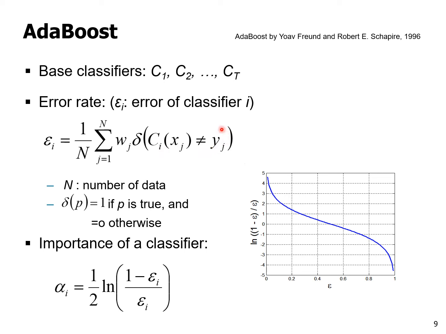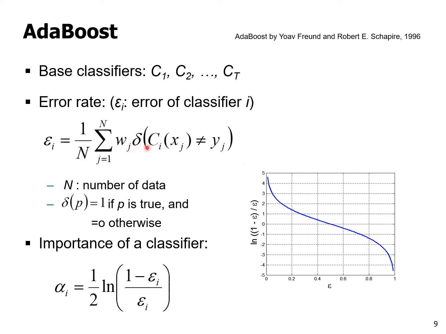So true means this is an error. y_j is the true target value of data j, and this is the prediction by classifier i about x_j. If these are not equal, that means the prediction from classifier i is wrong, so this means this is an error.